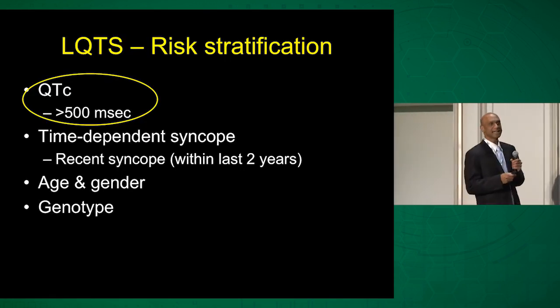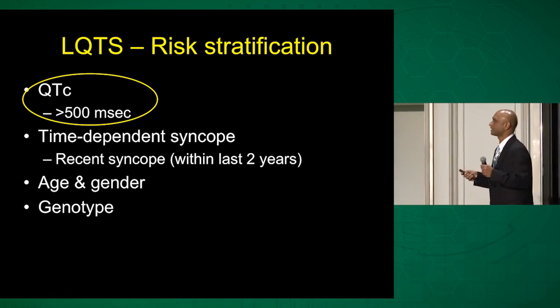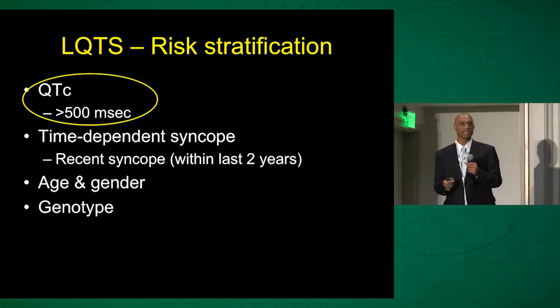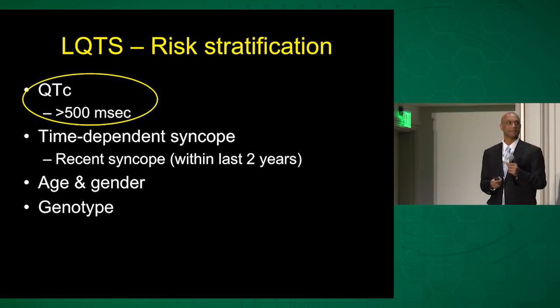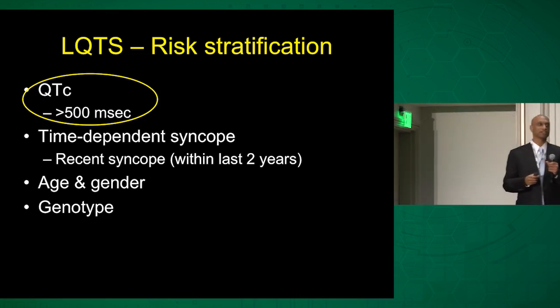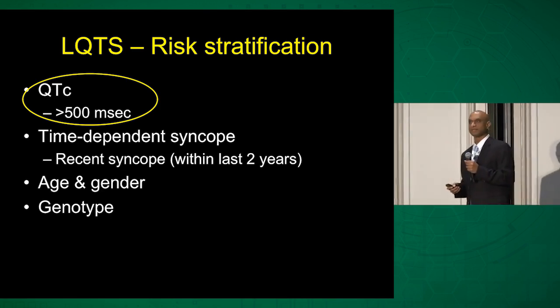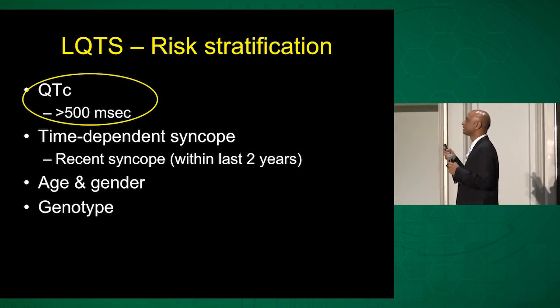When we consider risk stratification, we have to consider the QT interval, syncope, age and gender, and genotype. Of all of these factors, the most important is the absolute value of the QT interval. The more prolonged the QT interval, the higher the risk.